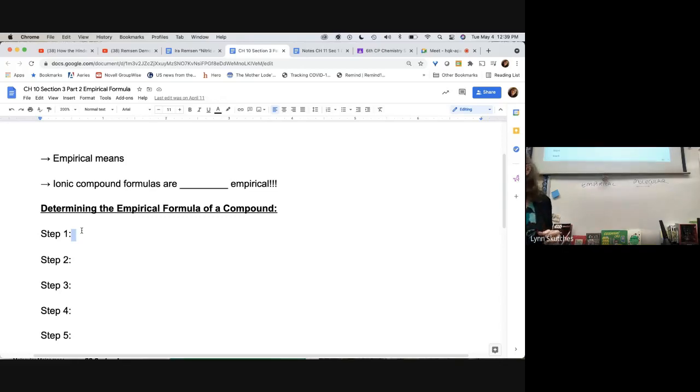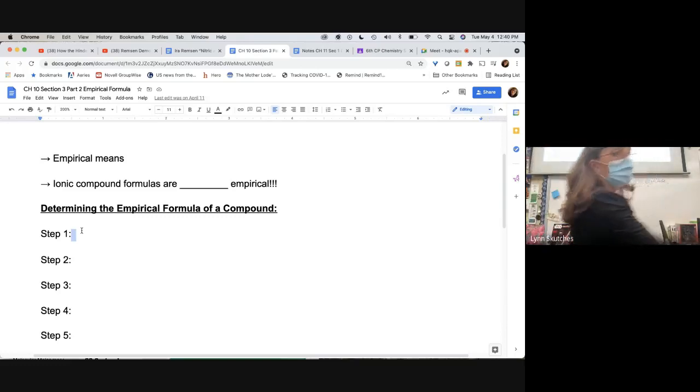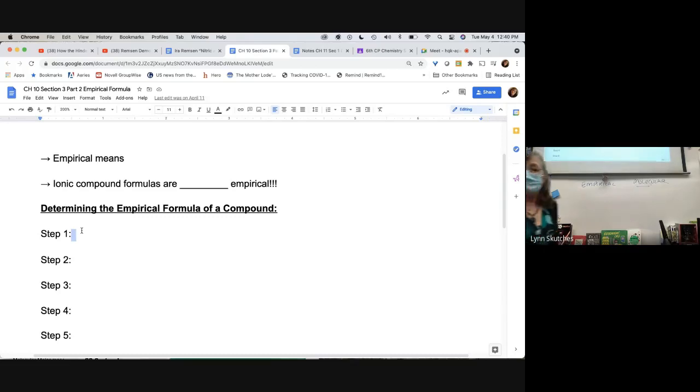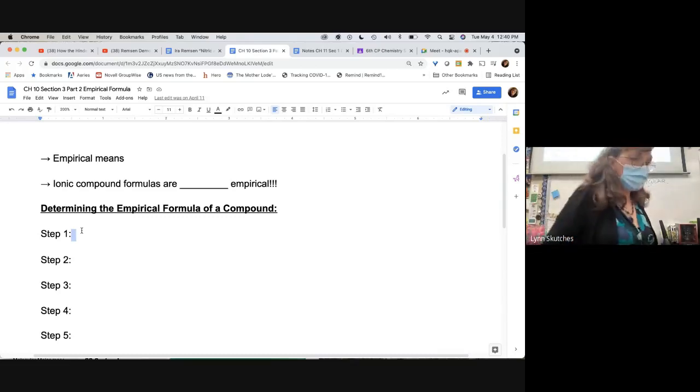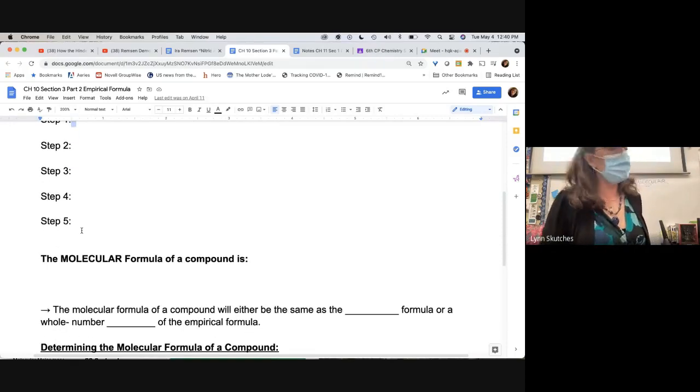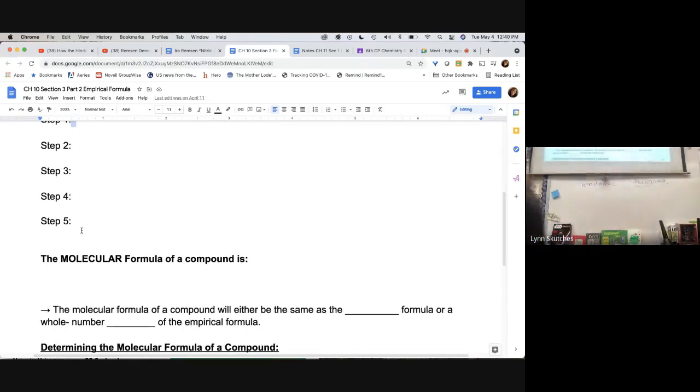Divide by the smallest number of moles. And then sometimes that takes care of it. Sometimes it doesn't. So the next thing you have to do, Amani. Perfect, round or multiply to get all the ratios to whole numbers. Okay. What do we do with those whole numbers, Aiden? Step number 5.